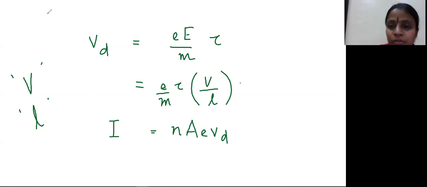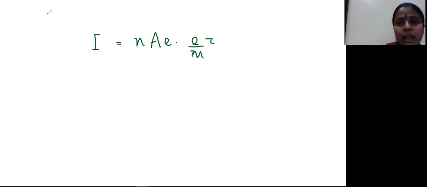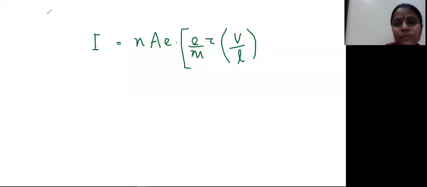Now, what are we going to do? We are going to simply substitute for this Vd from the above equation. So what am I ending up with? I have I equal to nAe into, in place of Vd, e by m tau into V by L. This is what we have substituted for Vd.